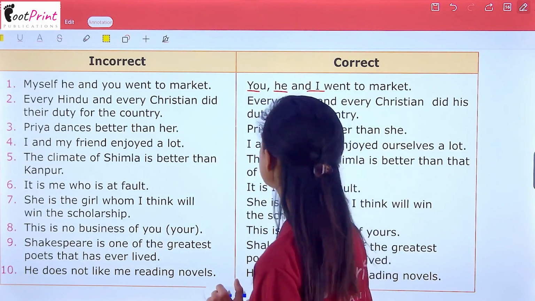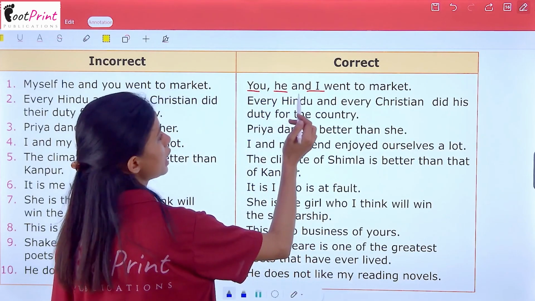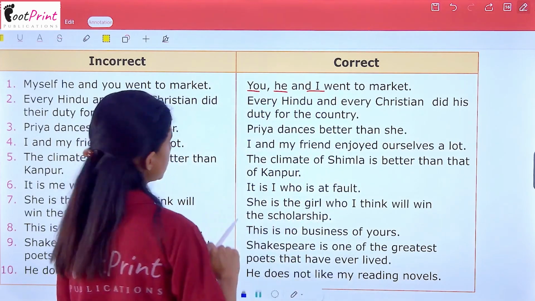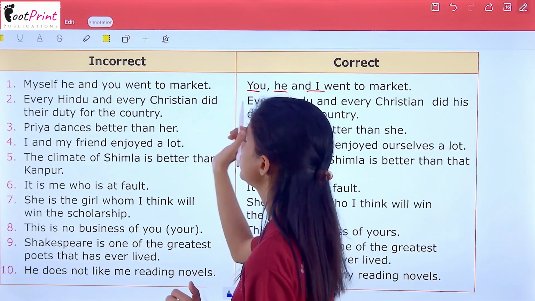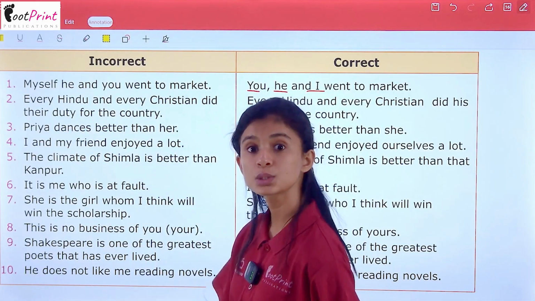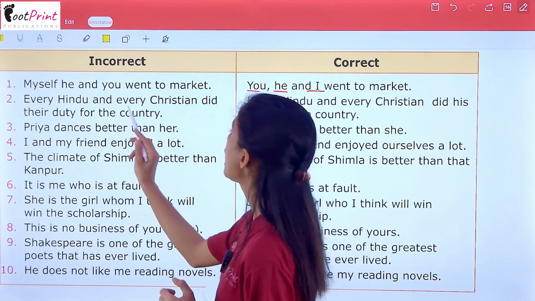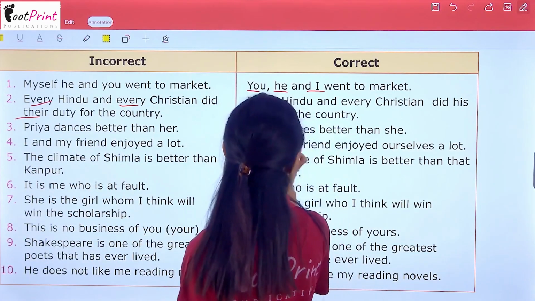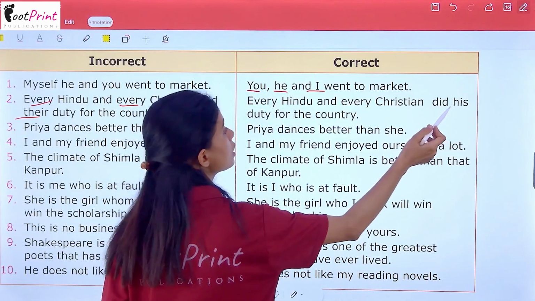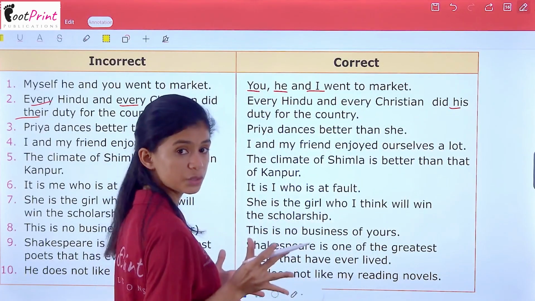The correct sentence will be you, he and I went to market. Every Hindu and every Christian did their duty for the country. It's wrong, as I have already told you. Every and each take singular pronouns. Every Hindu and every Christian did his duty for the country.